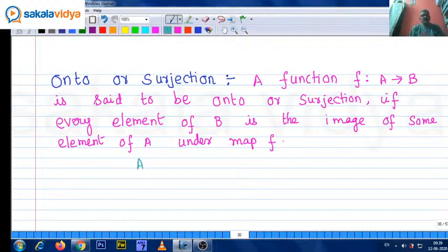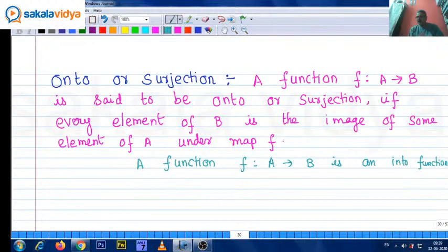A function f maps A to B is an into function if it is not an onto function.